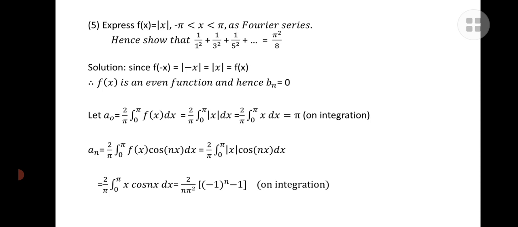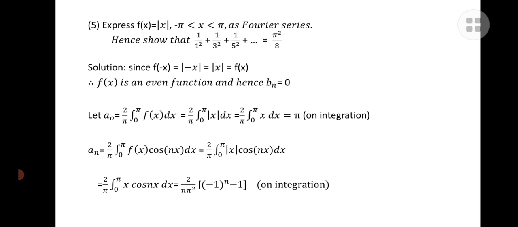If the b_n value is 0, the only two terms left in the series are a0 and a_n. Let a0 be equal to 2 divided by pi integral 0 to pi f of x dx, which is 2 divided by pi integral 0 to pi x dx. On integration, we will get the a0 value as pi.